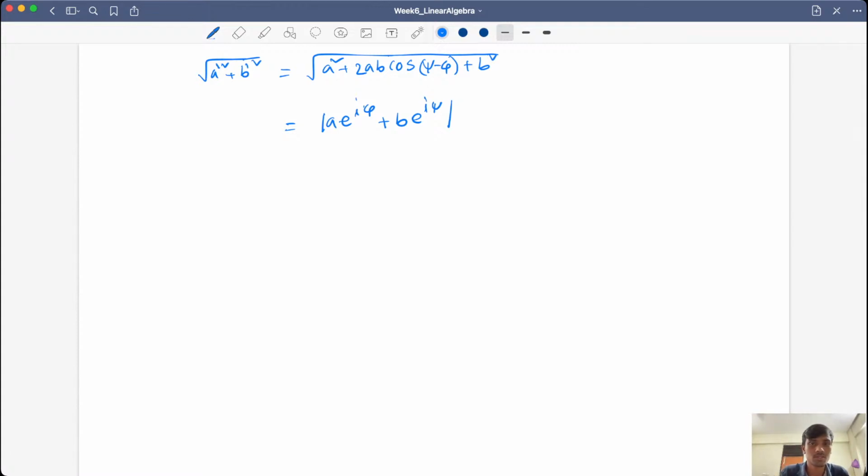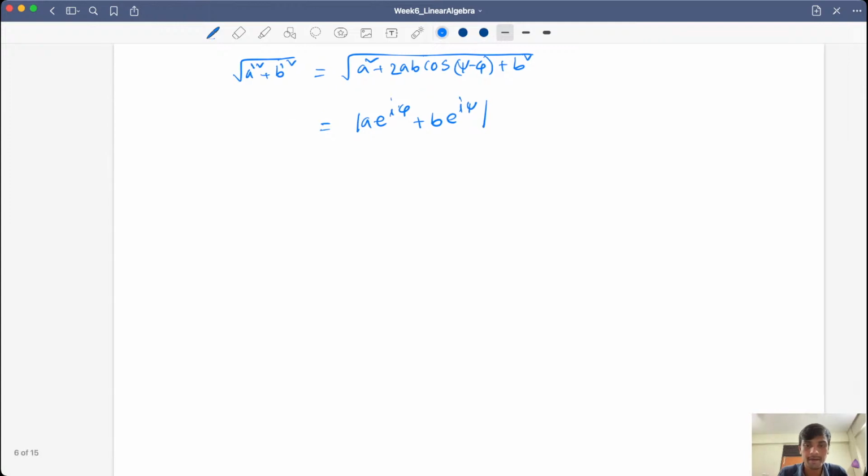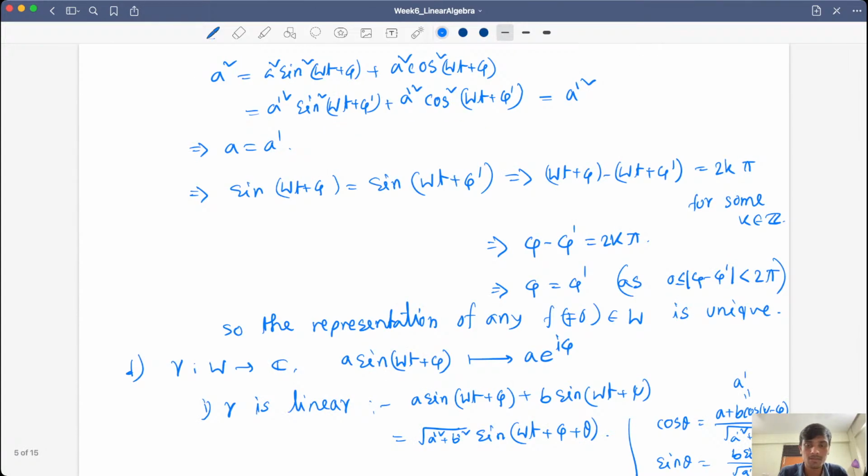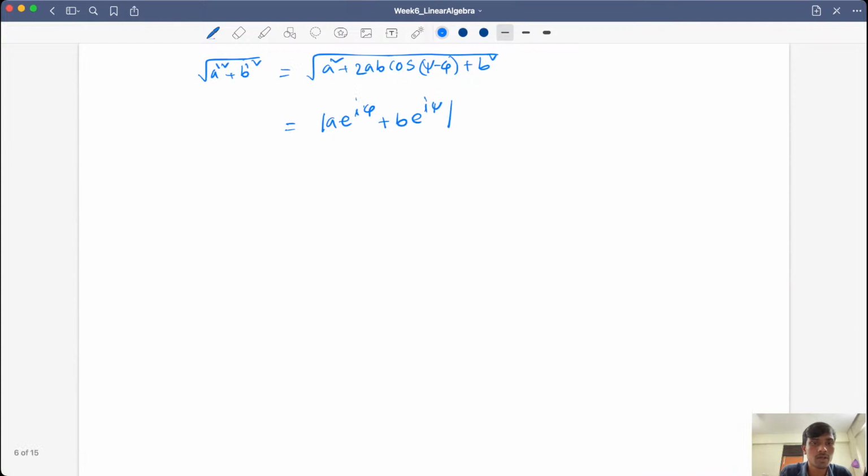So this thing is this, and if you expand sin of omega t plus phi plus theta, that is e power i theta plus phi, so e power i theta into e power i phi. But e power i theta is cos theta plus i sin theta, right?